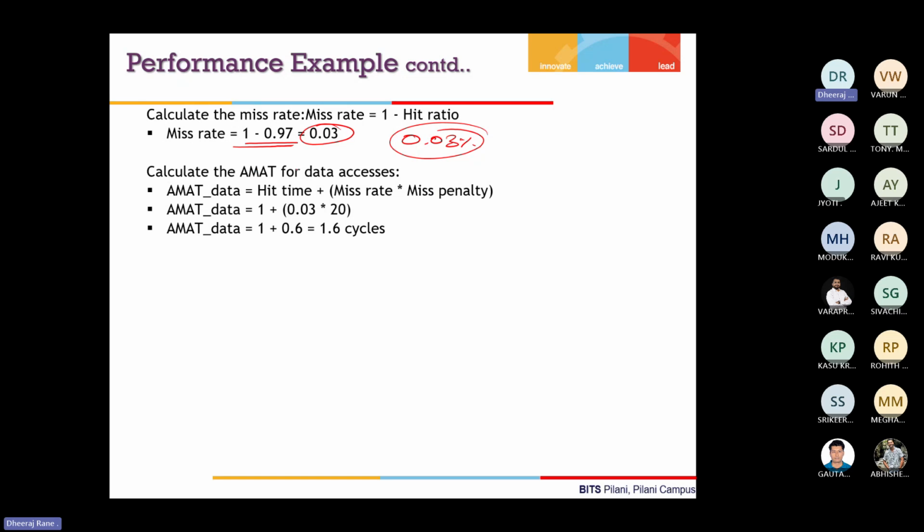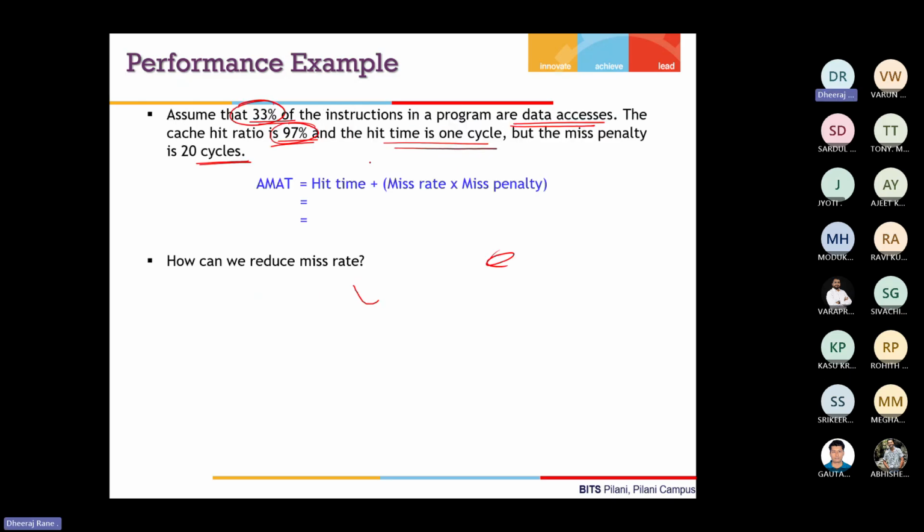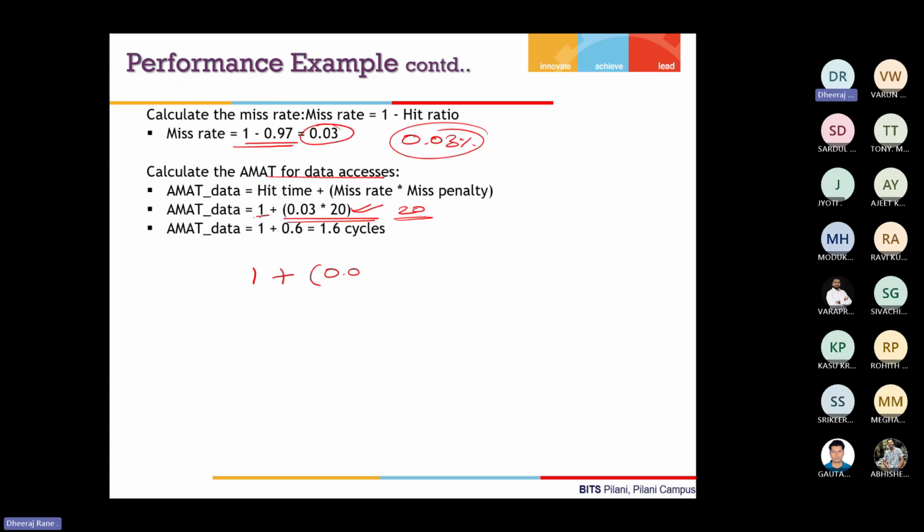Calculating the average memory access time: the hit time is given as 1 cycle, so it is written as 1 here, the miss rate is 0.03, and the miss penalty is 20 cycles. Once we do this, the average memory access time for the data is 1.6 cycles.